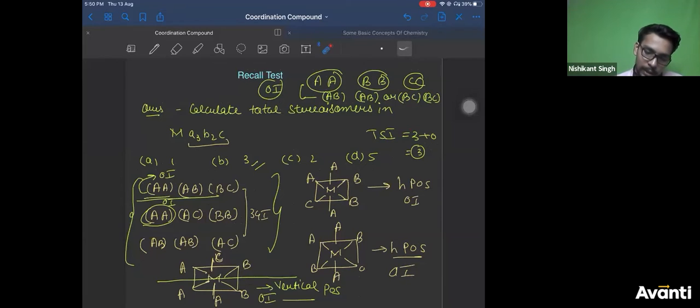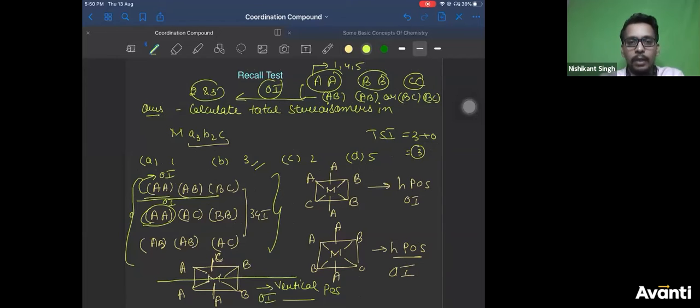To be honest, this is our case 1, 4 and 5 plane of symmetry wala, and this represents our case 2 and 3. So both are same thing. Vertical and horizontal both need 2 pairs to come. Correct? So this is how you can use this to find total optical isomers.